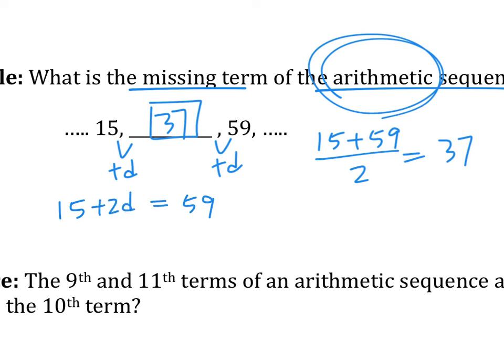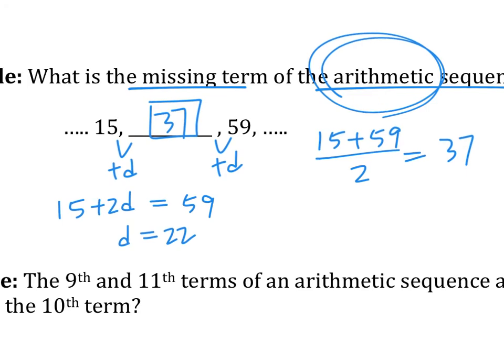Can you figure out what d is? 22? Okay, you guys are way too fast. 59 minus 15 is 44, so divide by 2 is 22. Now, can you figure out the middle number? Yes, because now you know you're just adding 22 to get to the next number. You can take 15 and add 22, which is my preferred way because it makes more logical sense.